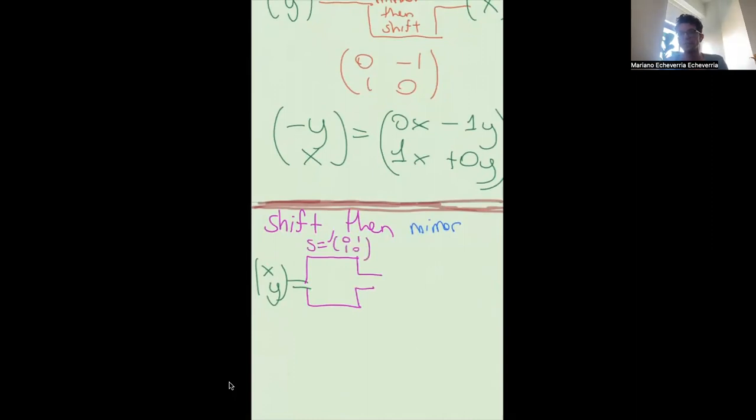So again, the shift machine, now you're using that one first, right? So in the shift machine, you're using this one first. So that shifts the entries of the vectors. So the entries become y, x, right? And now that's the one that you are going to feed into the mirror machine.